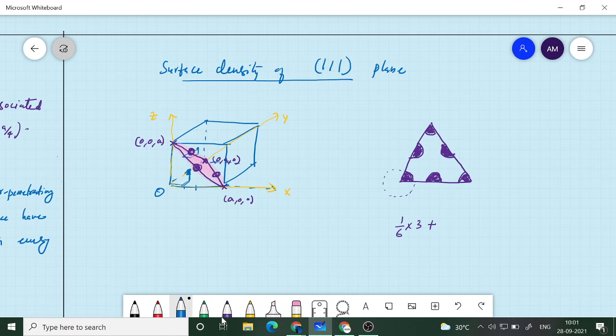Similarly from the front surface, clearly it will go outside.